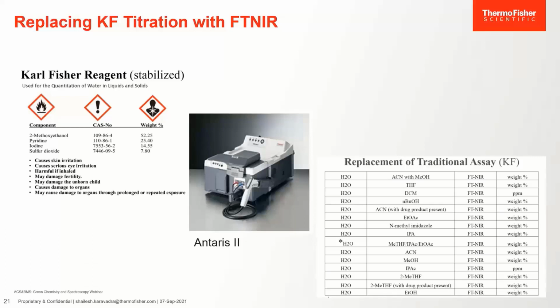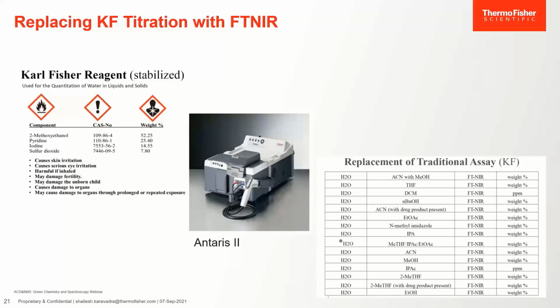Given the chemical reaction on which the Karl Fischer titration method relies, both the volumetric and colorimetric procedures represent sources of hazardous halogenated waste. There are several traditional Karl Fischer titration assays that are done every day in the pharmaceutical industry.